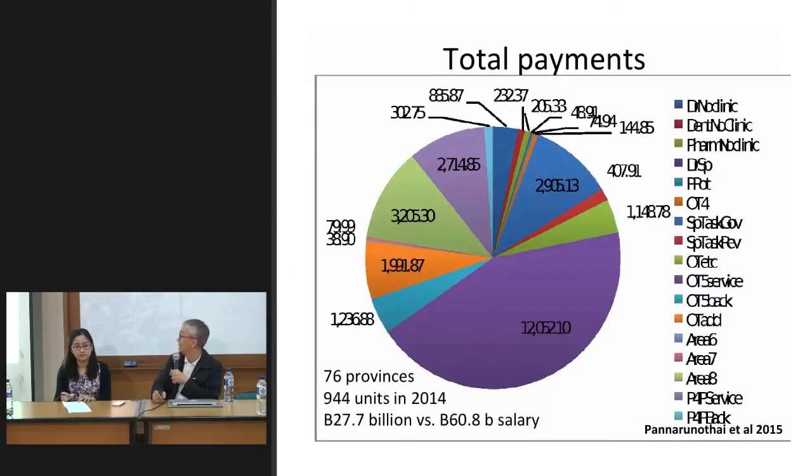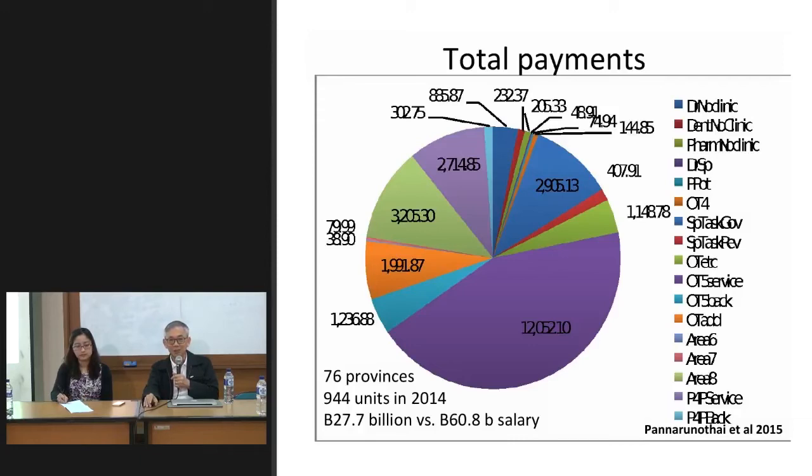The slides may not look very good on the explanation here, but this is the total payment pie chart that we constructed from the data in 2014 from around 1,000 units of hospitals throughout Thailand, 76 provinces, perhaps not including Bangkok.